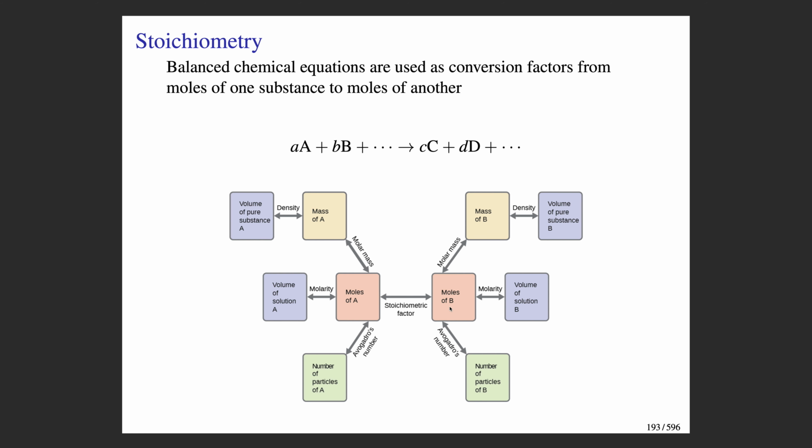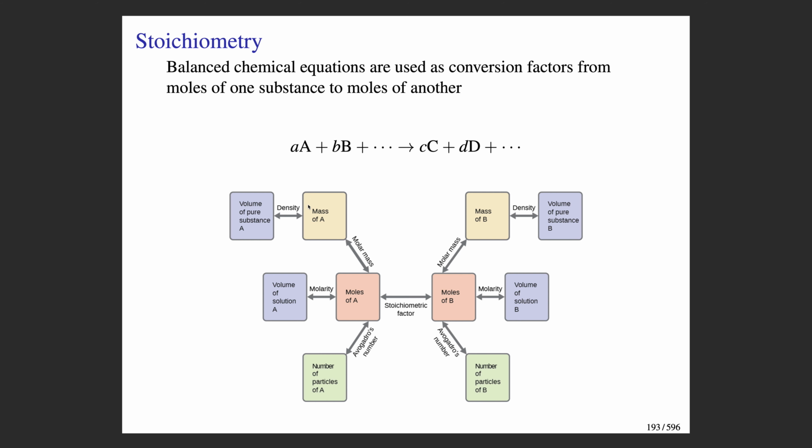Now, not every problem is going to give you moles of reactant. Oftentimes they're going to give you the grams of reactant, and they're going to ask how many grams of this product can you make from this many grams of reactant. And so there we have to tack on additional conversions.